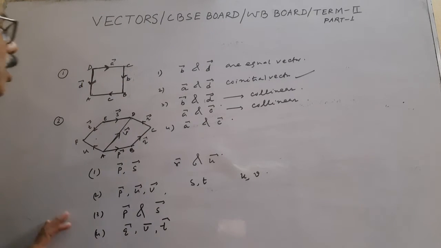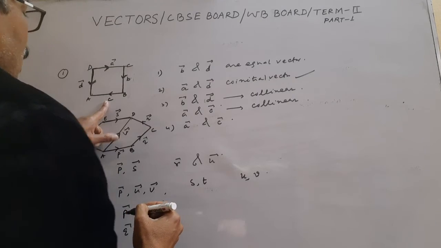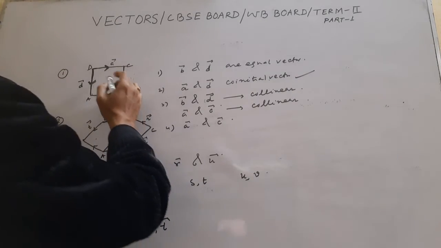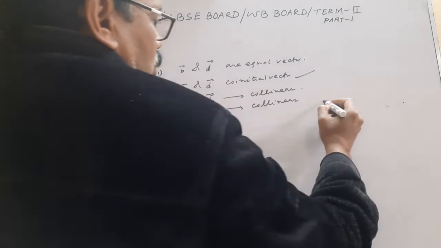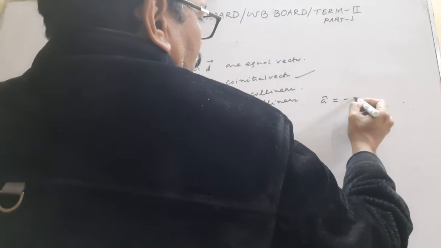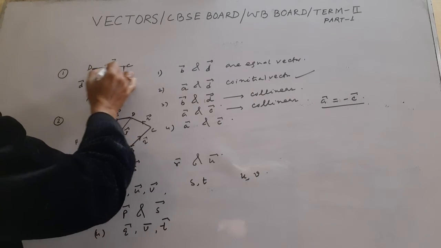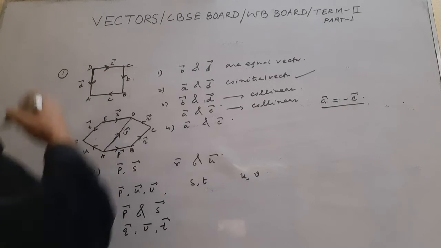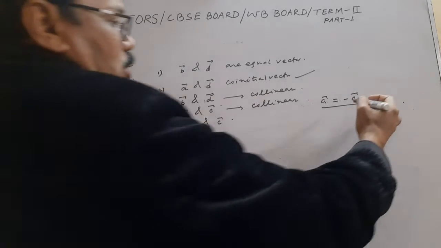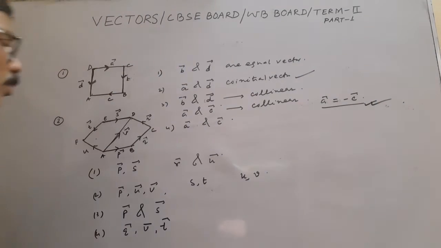We do not see the direction. You can also say A equals minus C vector. Same magnitude, opposite direction.